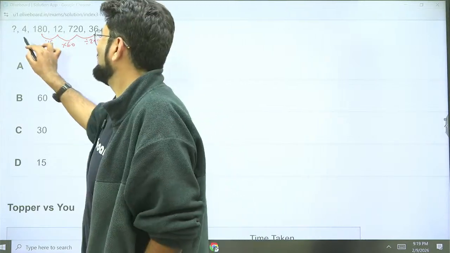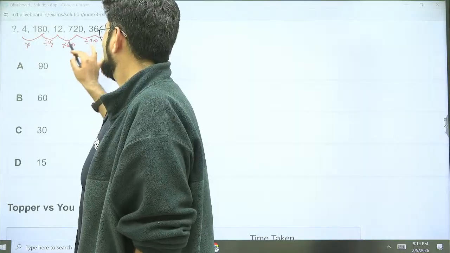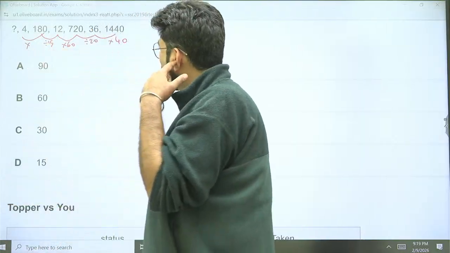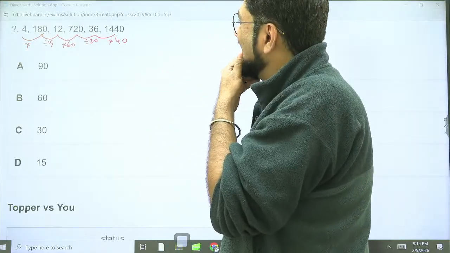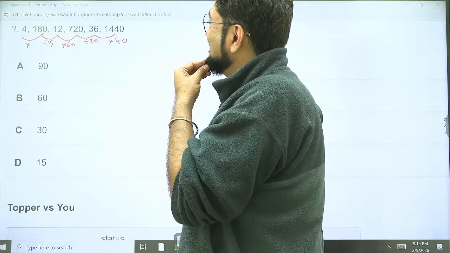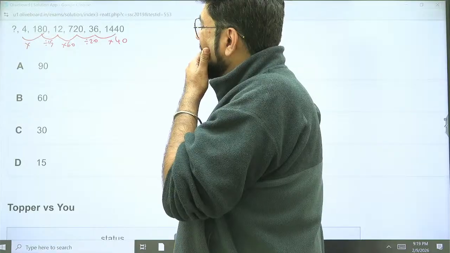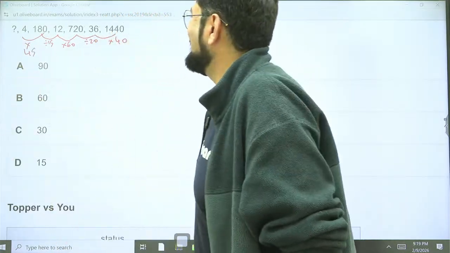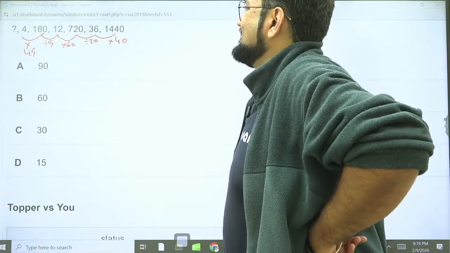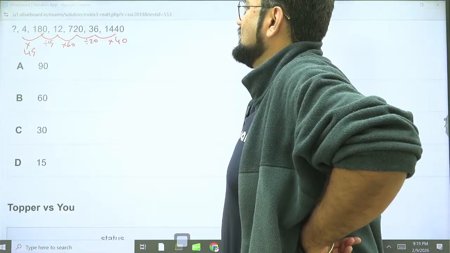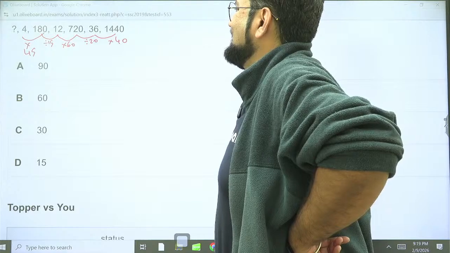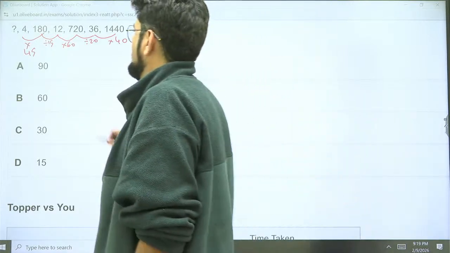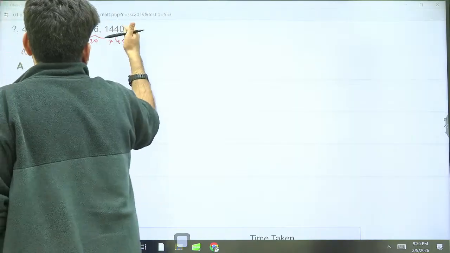Okay, what is this multiplied by 40? Is it 80? No. 4 into 180. 45, right? So is this making sense? No, I don't think so. It's not making any sense. 45 divided by 3 into 4 divided by 3 into 2. No. Okay, look at alternate. Okay, wait. Alternate is going to help us out.